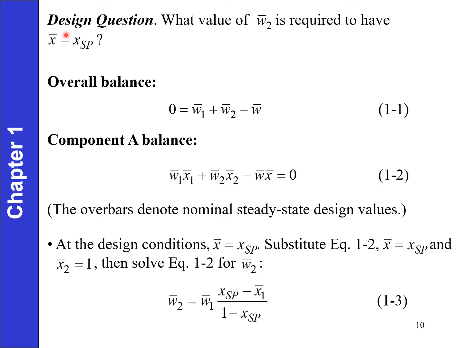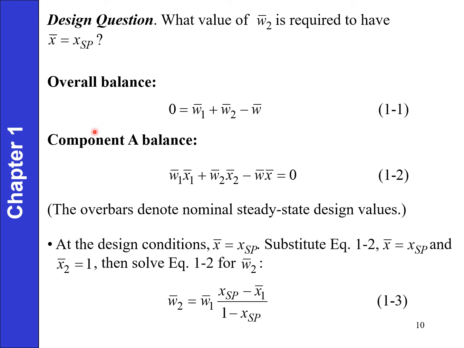The next step is what value of W2 is required to have X equal to the X set point. The first thing we have to do is the overall balance, which is W1 plus W2 minus W equals 0, and we name it the first equation.